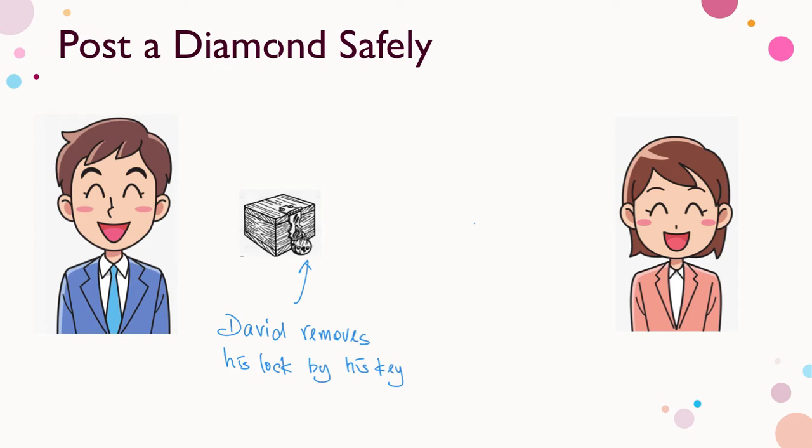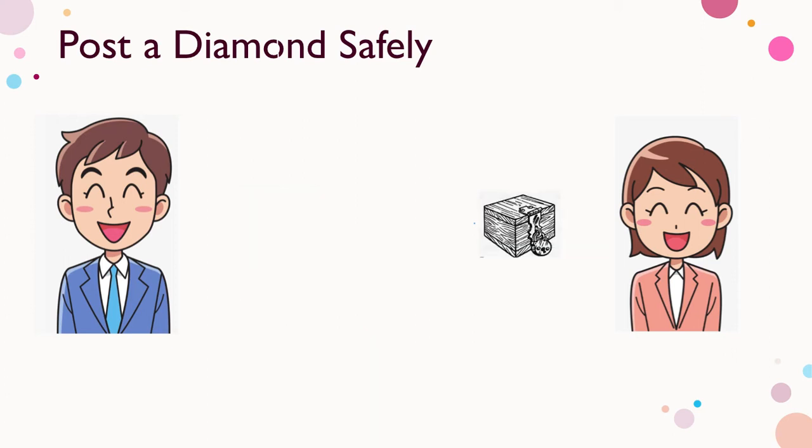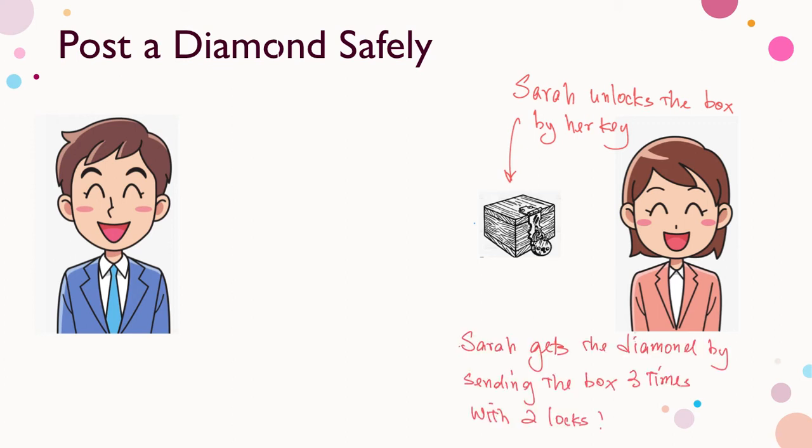The box is still locked by Sarah's lock. David posts the box safely to Sarah. When Sarah gets the box, she can unlock it with her own key. In this way, locking the box with two keys and sending the box 3 times, Sarah gets the diamond from David, and the problem is solved.